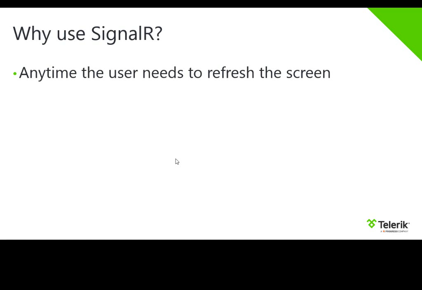Well, that's pretty much a candidate for SignalR, meaning a candidate for real-time web functionality. So you would make use of SignalR to provide that instantaneous update of the data.